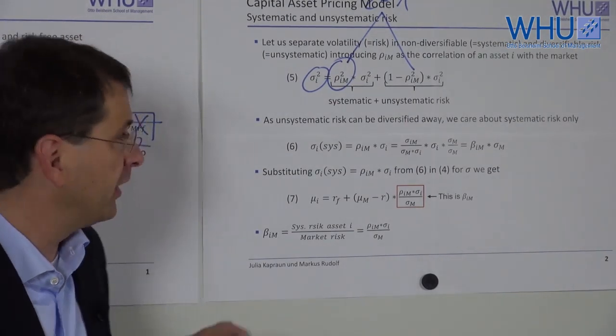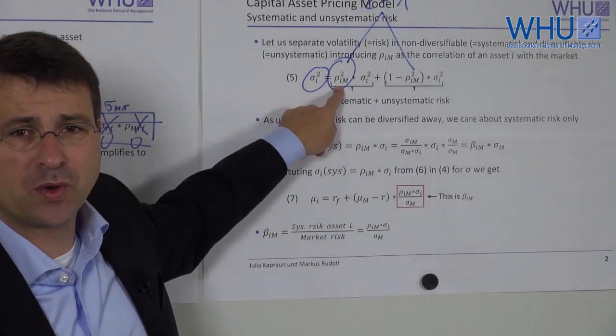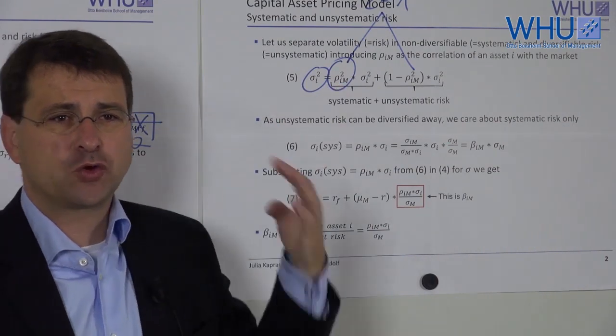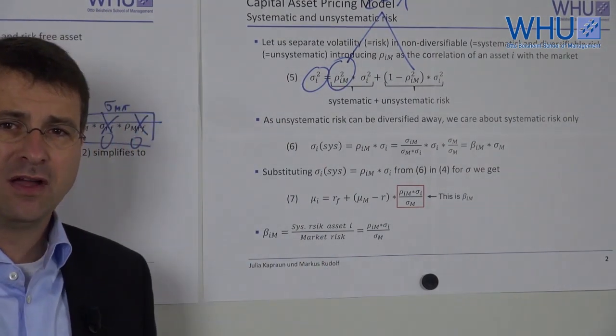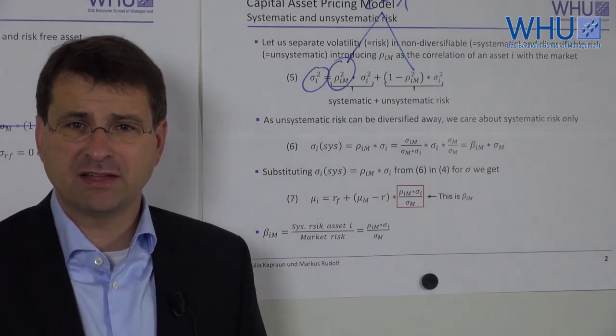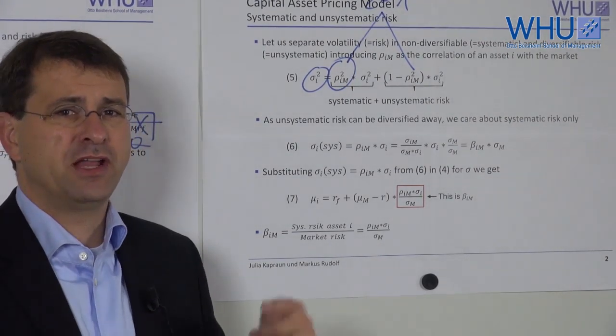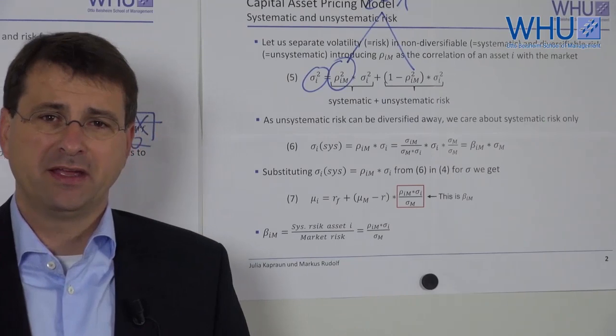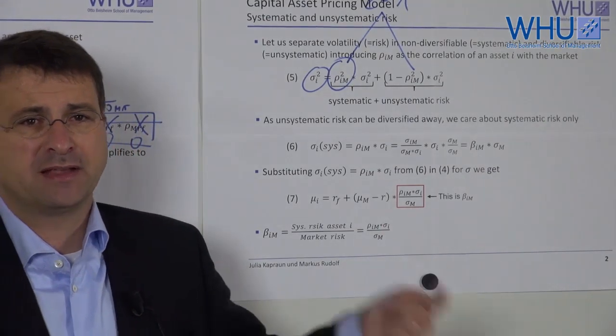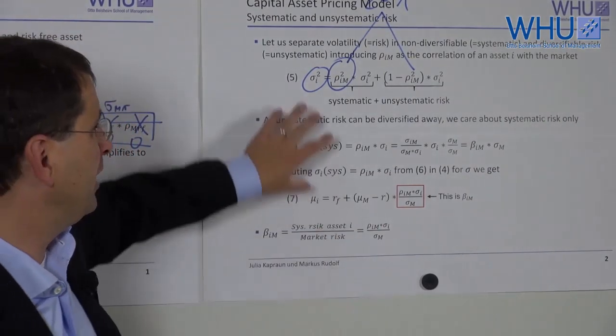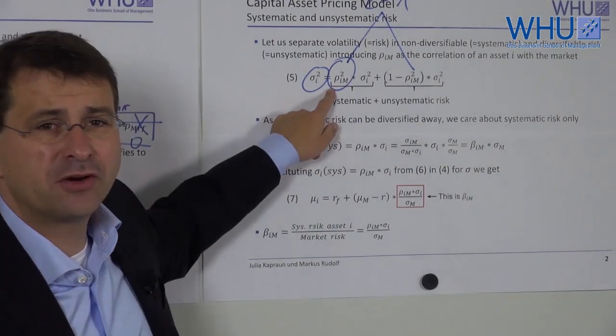Now, the R squared is exactly the same thing as the rho squared, namely it is a squared correlation coefficient. In the context of a regression analysis, the R squared is the squared correlation coefficient between X and Y, if Y is the dependent variable and X is the independent variable. Here we have rho squared.